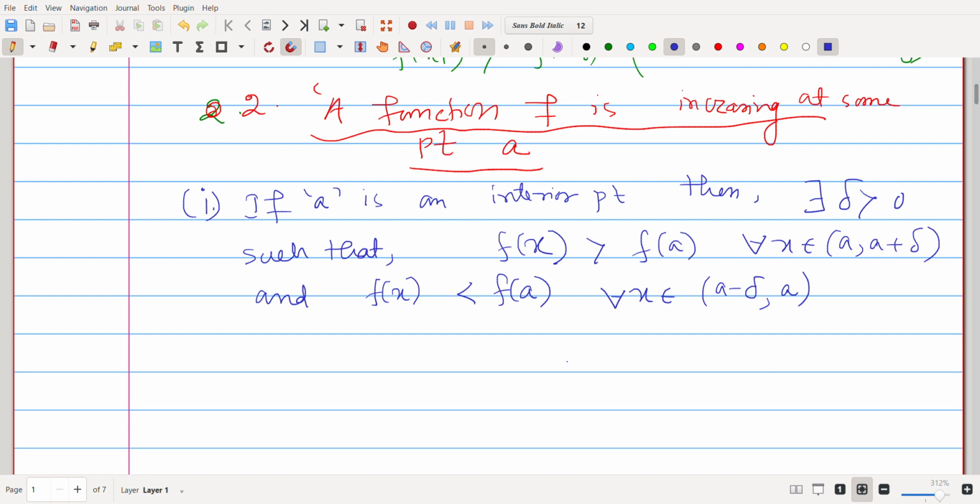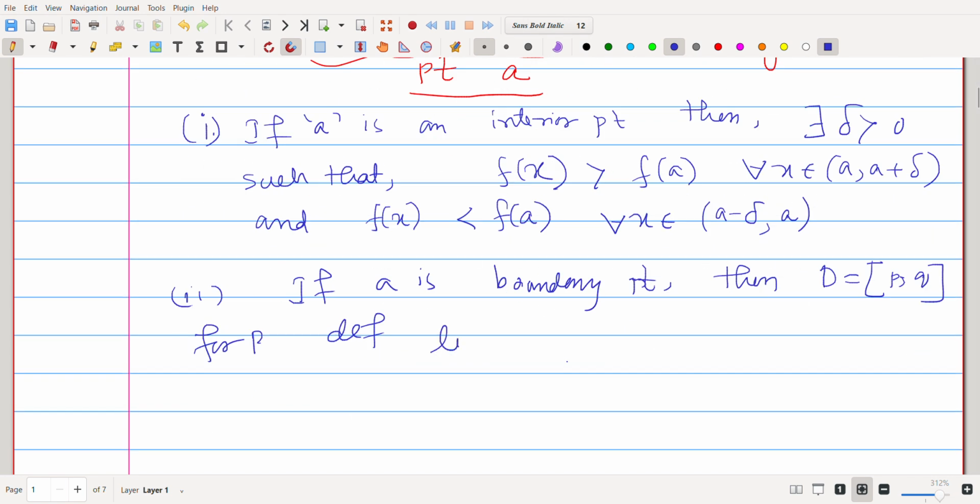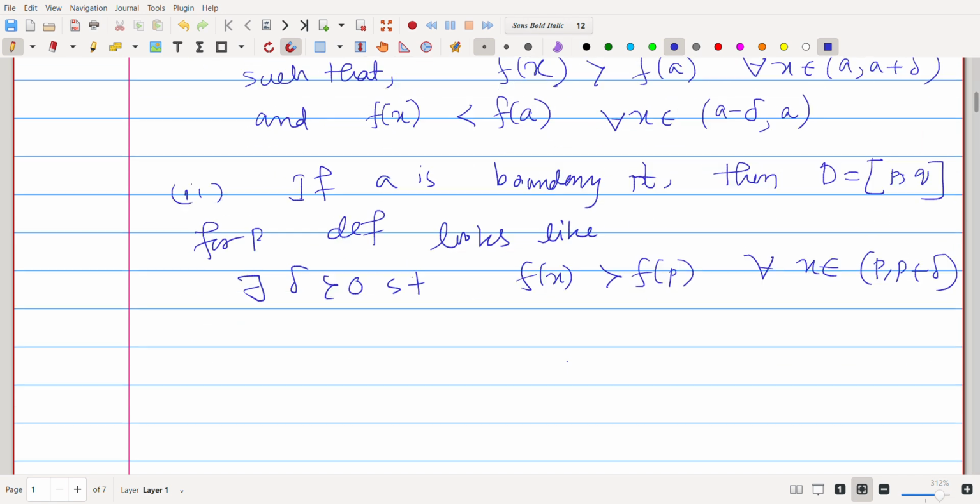Okay, and if a is the boundary point, say if the interval D looks like say P comma Q, then for P the definition looks like there exists a delta greater than 0 such that fx greater than fp for all x belongs to P comma P plus delta.